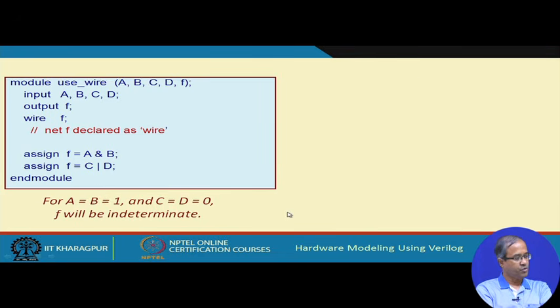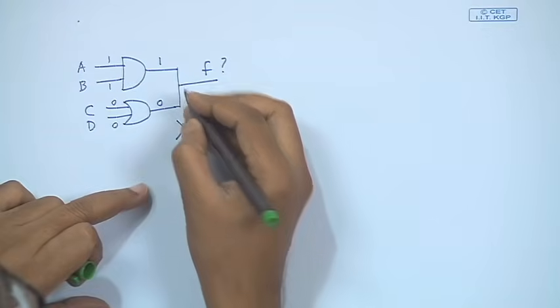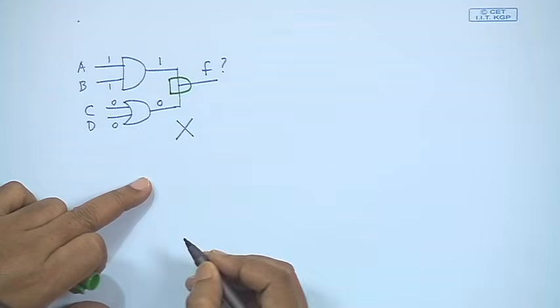But whenever you want to tie the outputs together, you can use either wired AND or wired OR. You see instead of wire, I use a wired AND here. What does wired AND mean? Wired AND means that in this circuit there is an implied AND gate here at the junction.